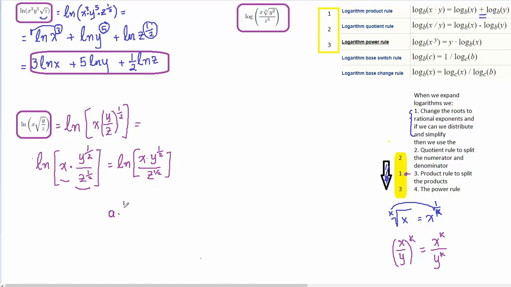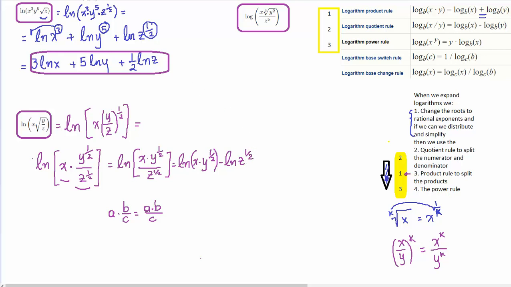If you have a times b over c, then this is the same as a times b over c. So this is what I apply here, and the result for this will give me ln of, now I can apply the quotient rule, ln of x times y to the 1/2 minus ln of z to the 1/2.